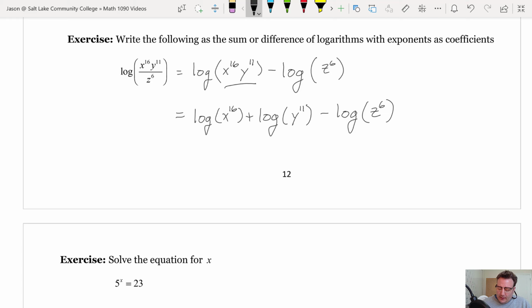Okay, and the prompt does tell us to write the following as the sum or difference of logarithms with exponents as coefficients.